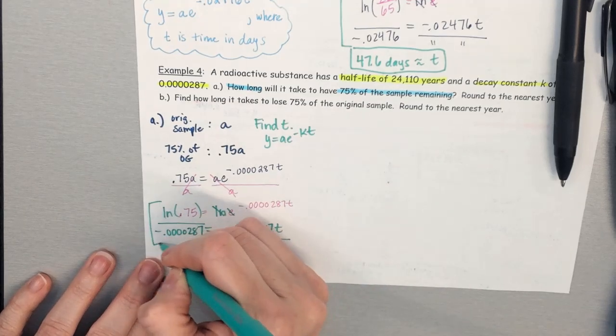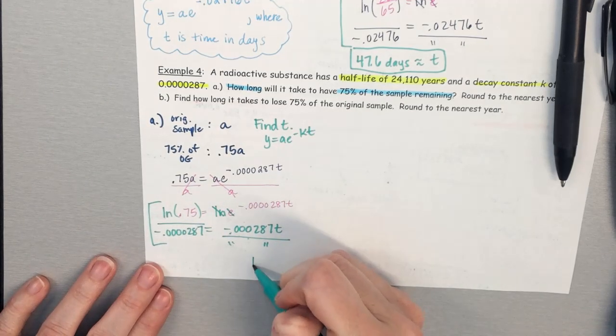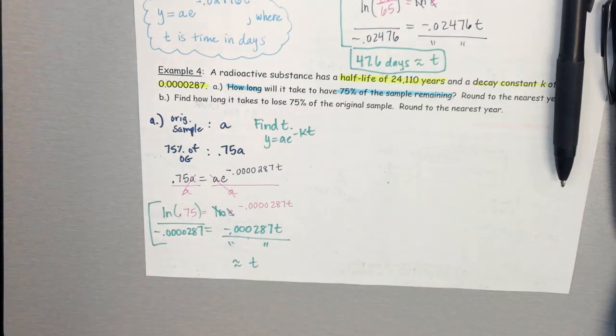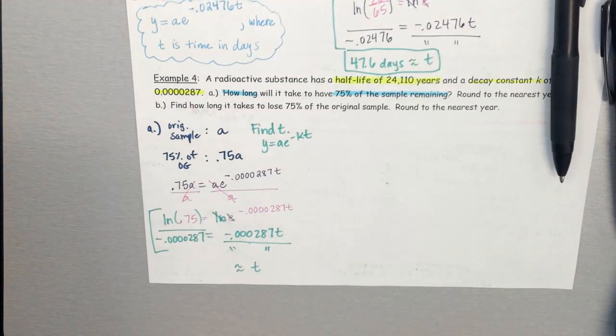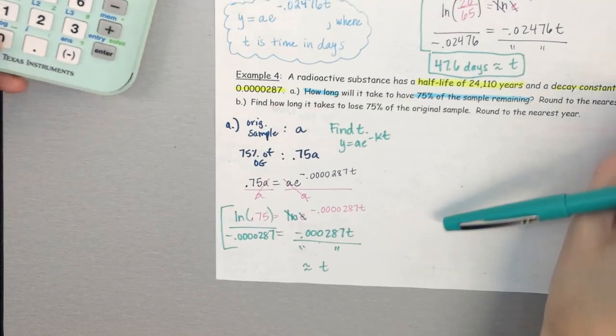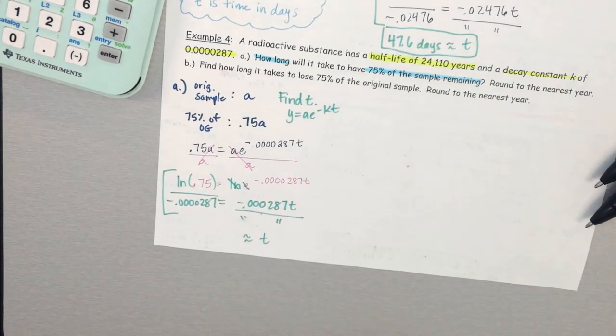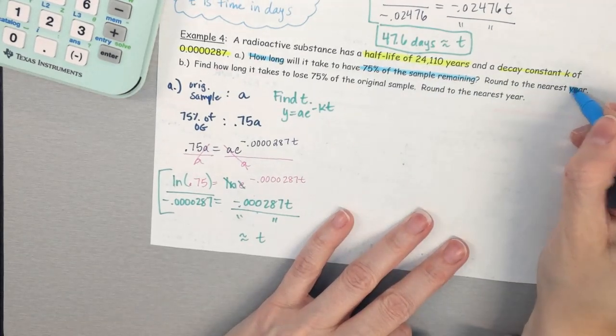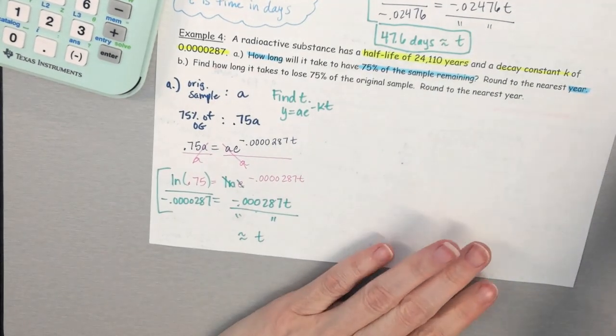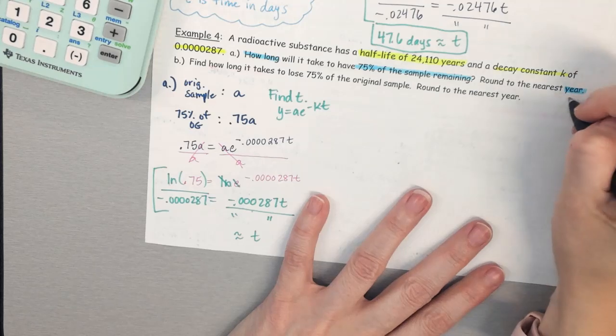Again, this is what we want to see, like how you're getting that value of T. Okay, and then this is to round to the nearest year. So anytime you're rounding to the nearest year, that means you're going to round to the nearest whole number, and you're going to use your normal rounding rules.